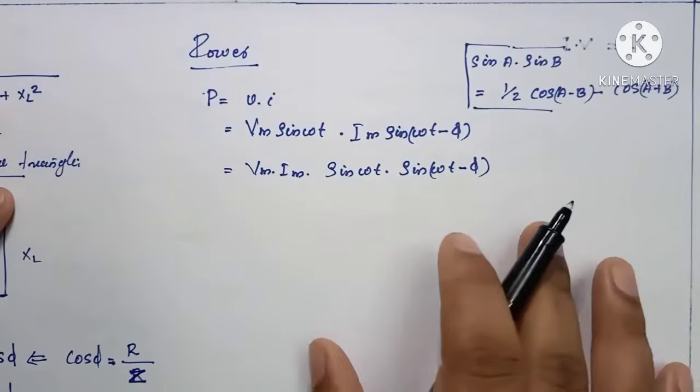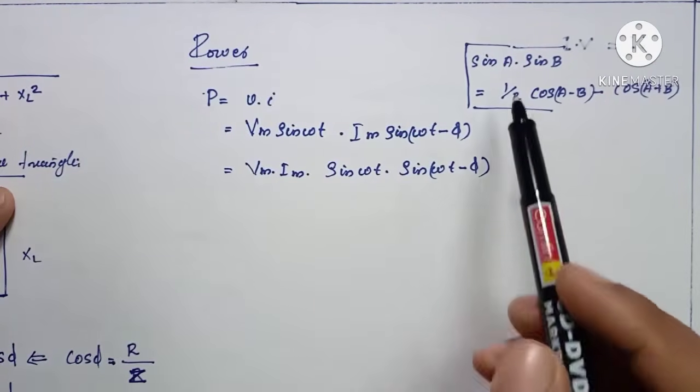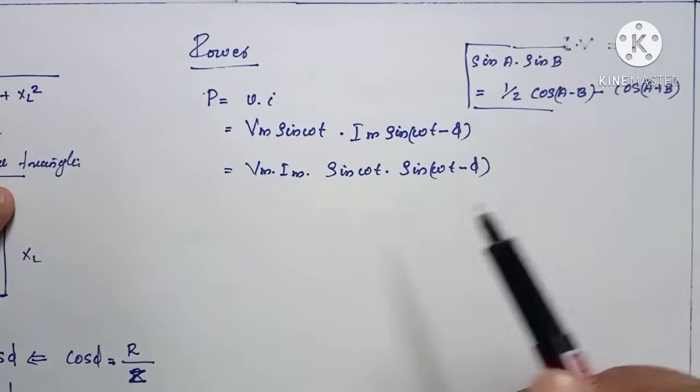So I can replace sin omega t into sin omega t minus phi by using this formula.